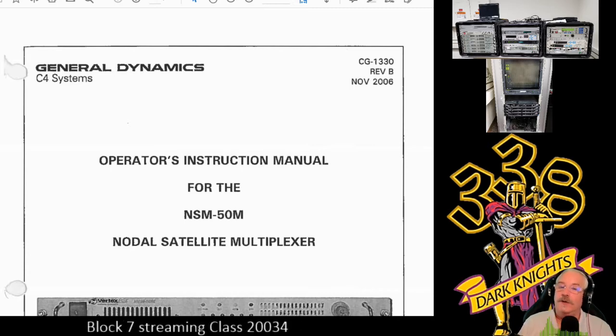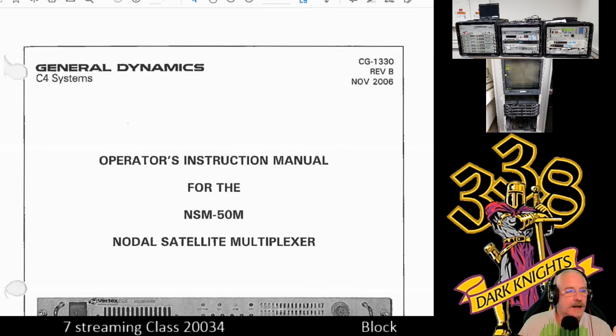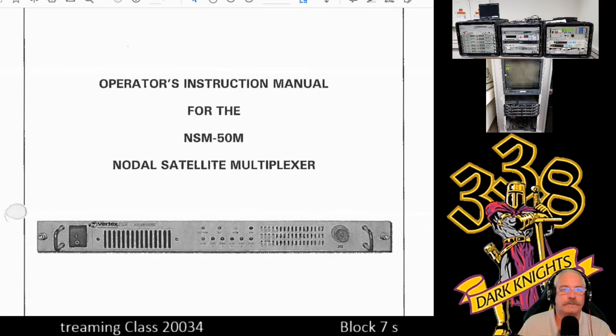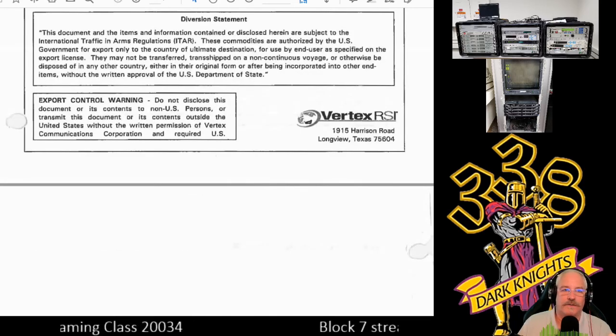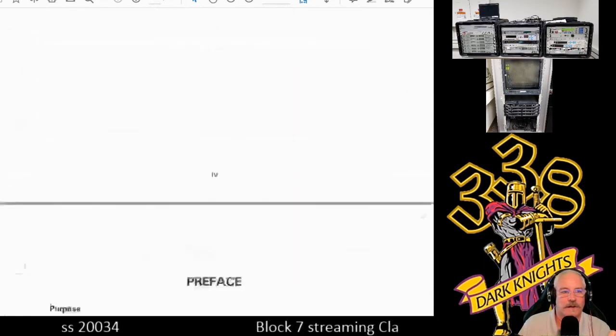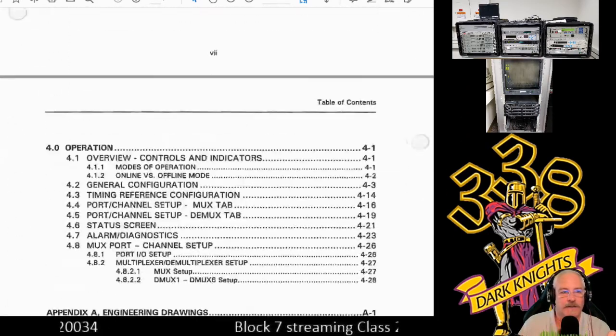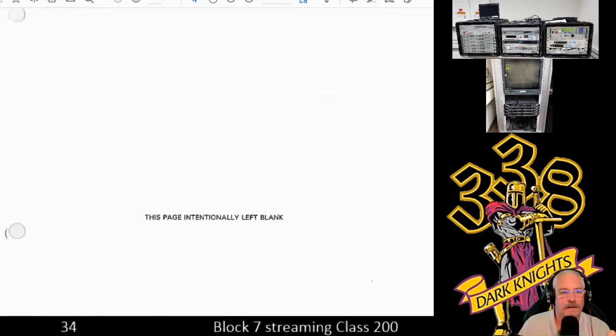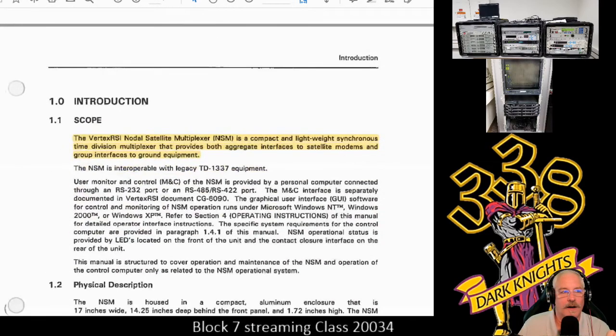Everybody got it? Who doesn't have this pulled up yet? All right, I'm going to assume that you guys got it, so let's go through it. This is Vertex RSI, the company, coming out of Longview, Texas. Scan down here to the first thing. There we go.